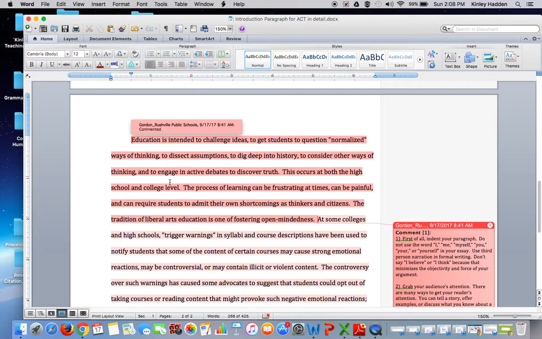Let's read this. At colleges and some high schools, students have requested trigger warnings, notifications that material they've been assigned to see or read may be upsetting in some way and may trigger grievous emotional reactions. Considerable controversy has developed about trigger warnings both on campuses and in the media.